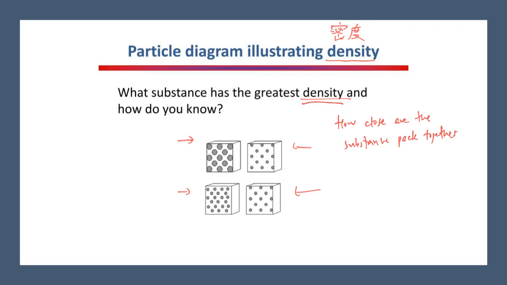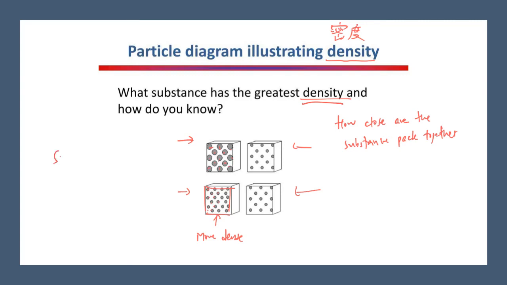Okay, so if I just look at the density here, probably I would guess this is the most dense because I found that this area should be more filled with the black dots than this one.